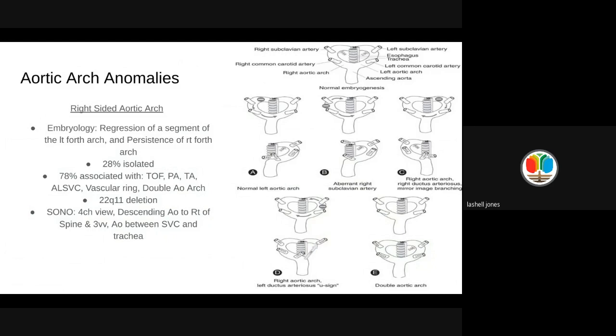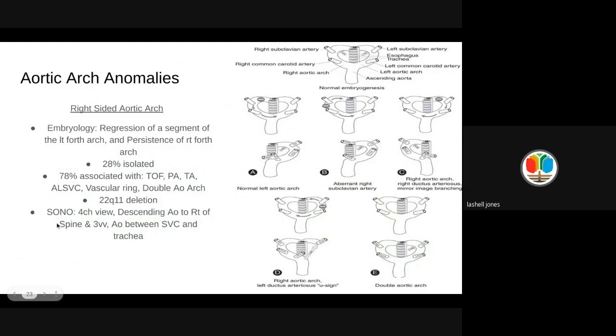Okay. So a bulk of them are known to have other heart defects, whether it's a tetralogy, pulmonary atresia, tricuspid atresia, aberrant left subclavian, vascular ring, double aortic arch, 22q deletion. We're seeing 22q deletion is associated with a lot of these heart defects. I keep seeing that recurring.